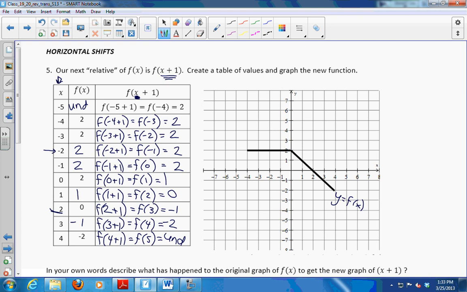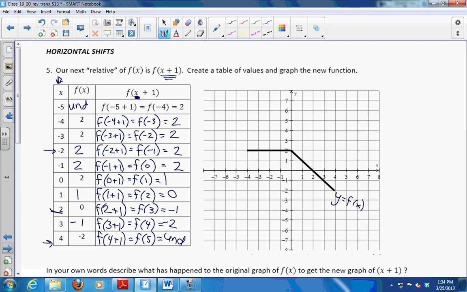And at the right, I can no longer plug in 4. 4 could go into f, but it can't go into this relative f of x plus 1. So my domain shifted to the left. Now it goes from negative 5 to 3. I can plug in one smaller value than I could before, and I can only go up to 3 instead of 4 because I have to add 1 to the input before I can apply the rule.